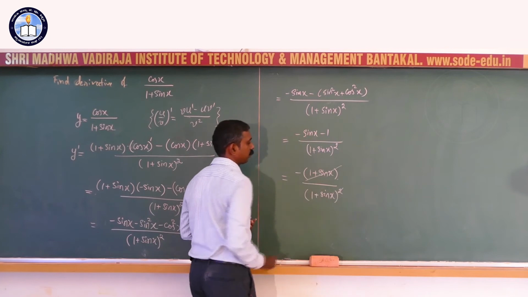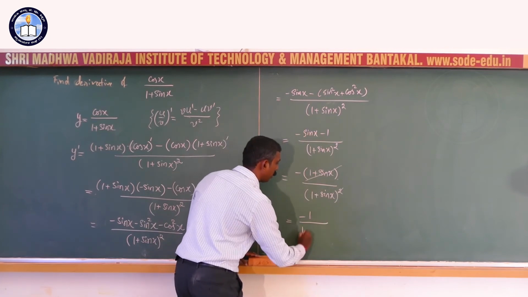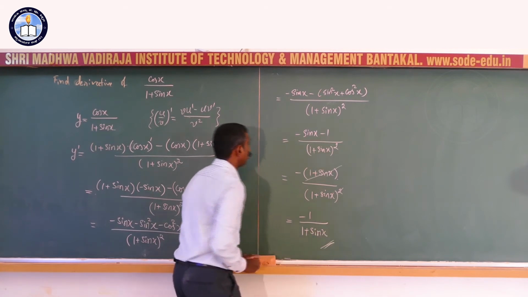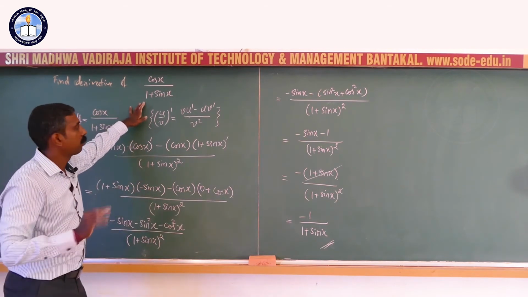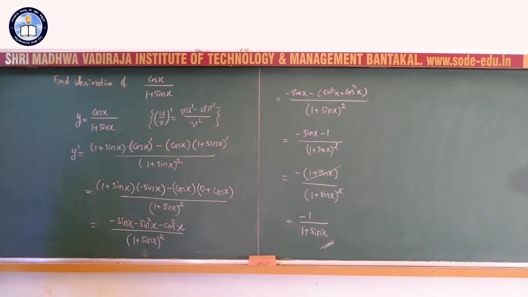So, 1 plus sin x and 1 plus sin x cancel and you have the final answer minus 1 divided by 1 plus sin x. So, what is the derivative of cos x divided by 1 plus sin x? It is minus 1 divided by 1 plus sin x.